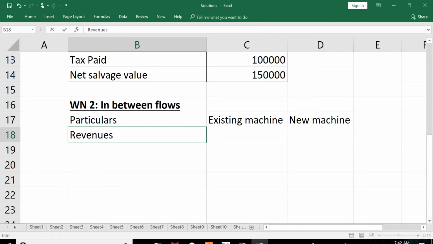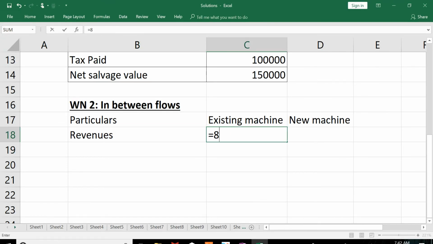Revenues: 80,000 into 200. Then let's keep deducting all those items.